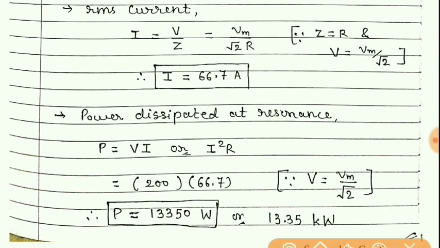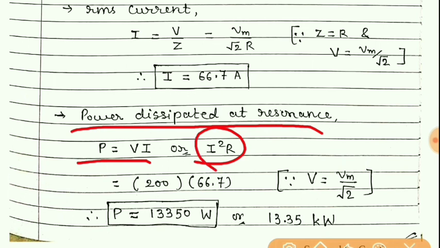Finally, power dissipated at resonance, P is equal to V into I, or we can use this formula also, I square R. Why we are using this R and not Z? Because we know that during resonance Z is equal to R. That's why.